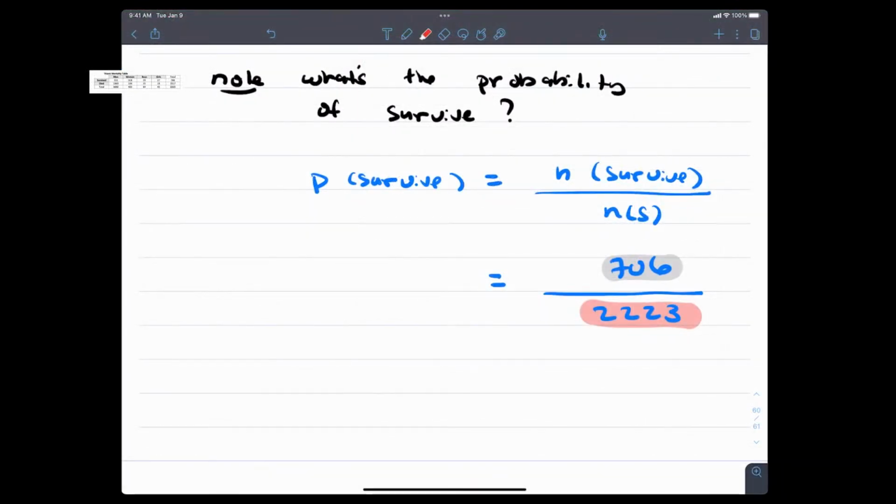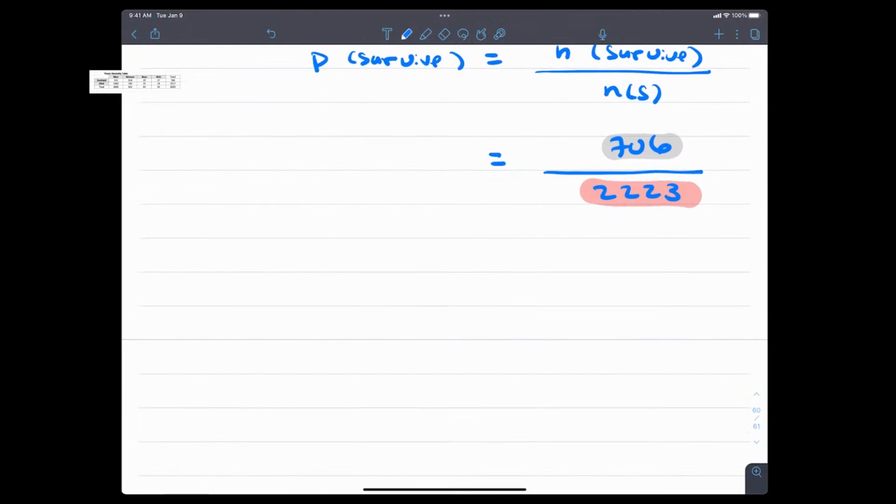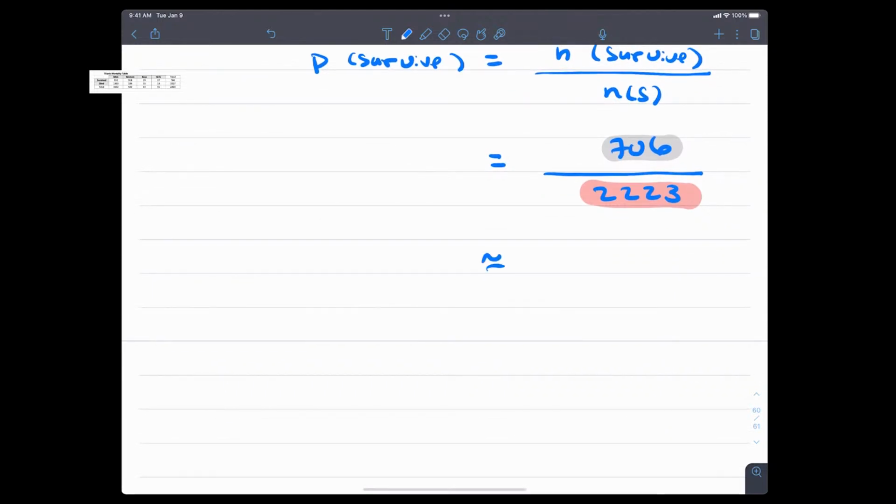Okay, I just want you guys to compare and contrast this because I don't want you to confuse these ideas. One's the general chance of surviving, not considering a group that you belong to. So the general chance of surviving, ladies and gentlemen, on the Titanic is 0.318 as a probability. 0.318.